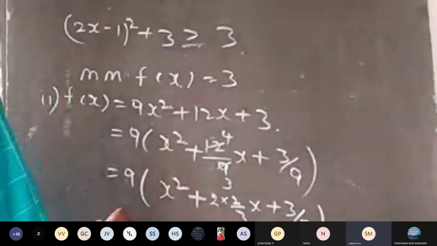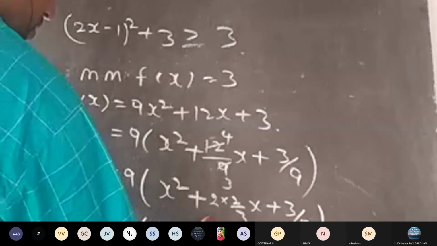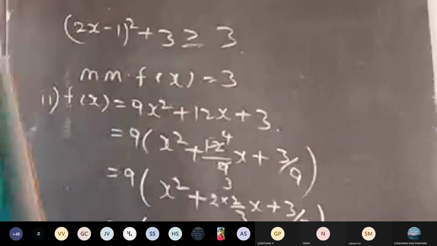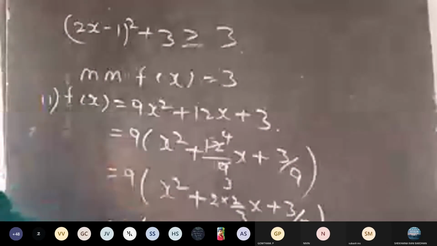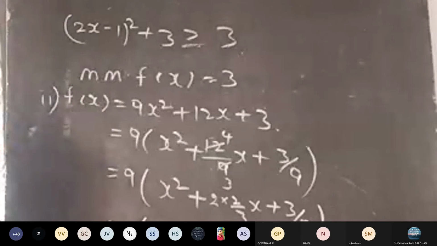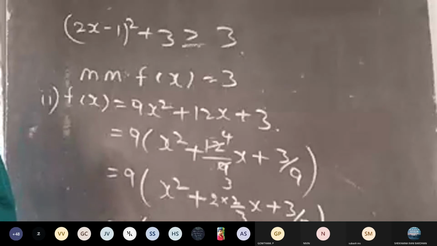Okay. So now here 9 x square, 2 into 2ab plus, what I will do is, 2 by 3 whole square minus 2 by 3 whole square plus 3 by 9. One term I am adding, one term I am subtracting. So now here a square plus 2ab plus b square is the (a plus b) whole square formula.